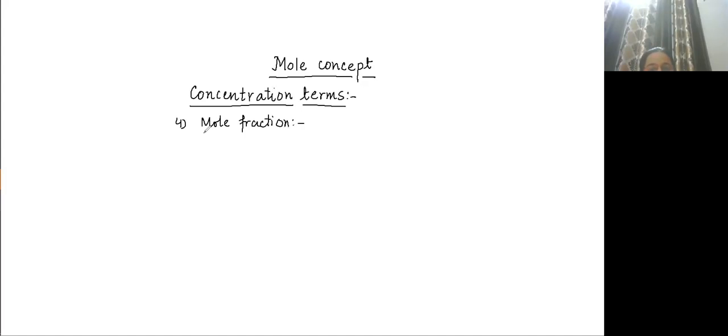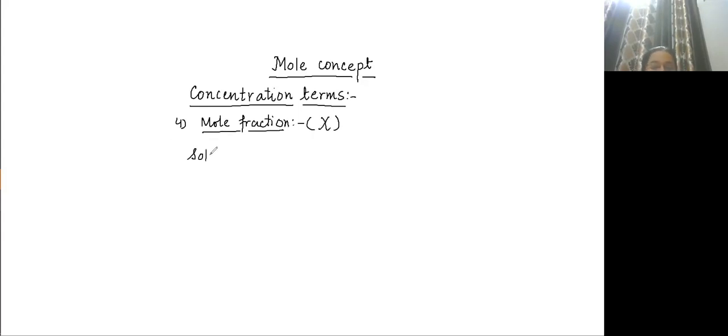Now what is mole fraction? It is moles of substance divided by total moles, and it is represented by the symbol X, known as chi. How will you write the mole fraction?